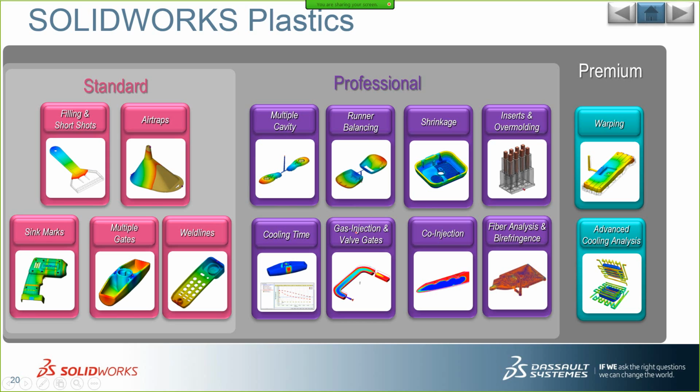It could be gas injection, simulate gas injection molding. We can simulate co-injection. We have the options to look at fiber analysis and birefringence. And finally, in terms of premium, we can simulate warpage and design or understand the cooling lines, how you want to go about it. So let's move into the software.